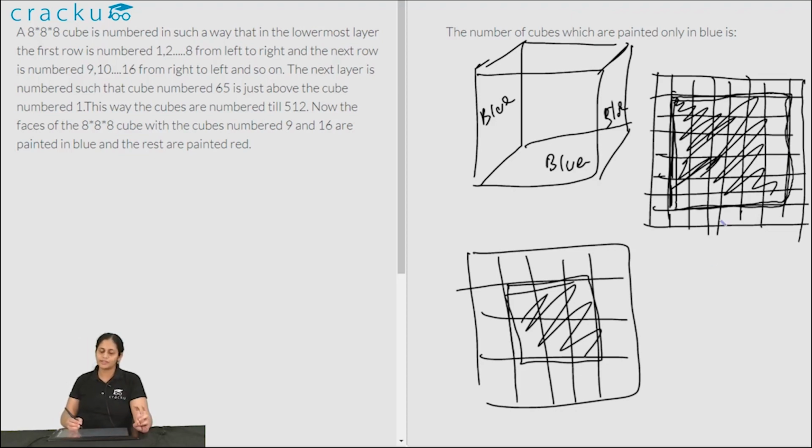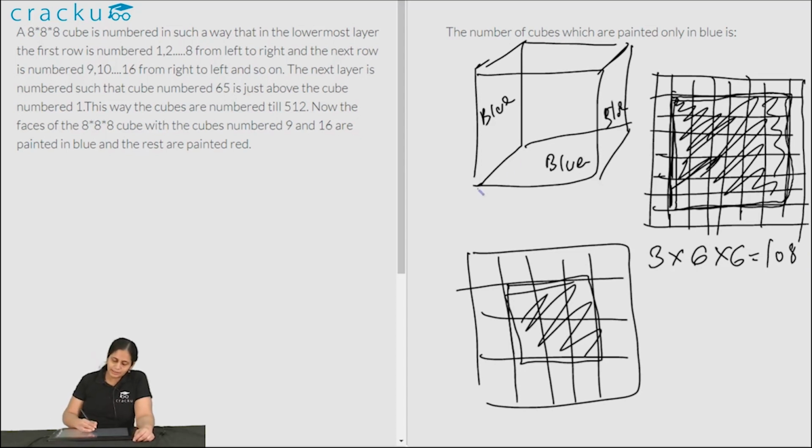How many such face cubes are there which have only one color? There are 3 faces and each face has 6 into 6 cubes of only one color. So the total number of face cubes lying on the face but not on the edges which have blue color is 6 into 6 into 3, which is equal to 108 cubes.